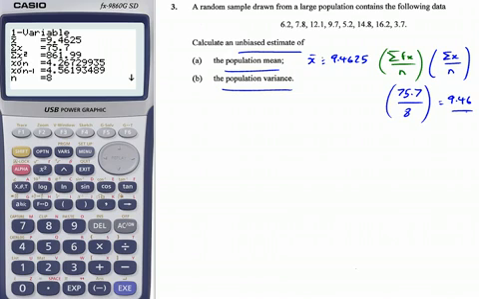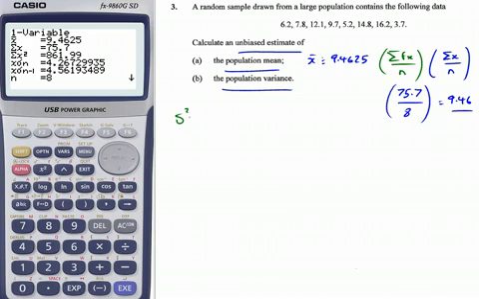What about the population variance? Again, on page 5, we have some information on that. It tells us that the population variance, and if you look carefully, there are 2 figures given, and it uses something at the bottom of the page which is called an unbiased estimate of the population variance.